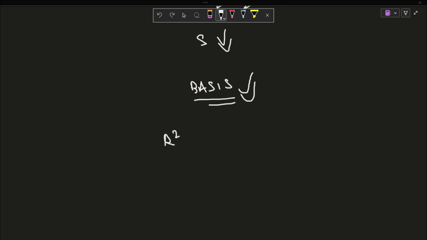If you have S, which is a basis for your vector space, and it's a finite set, then any set that contains more than the number of vectors inside S is going to be linearly dependent. And you can kind of just think about this, right? Because S is the most efficient way to represent our vector space.